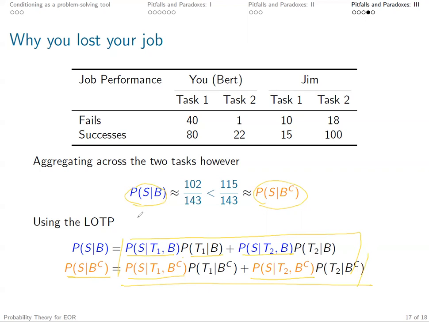The conditional probability is also a probability function. So we apply the law of total probability to this probability function, and you see it holds for this formula. That is because T1 and T2 is a partition of the whole sample space.